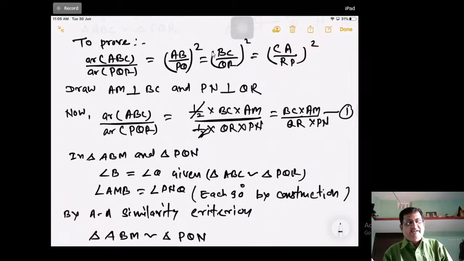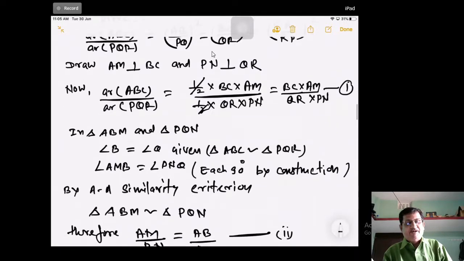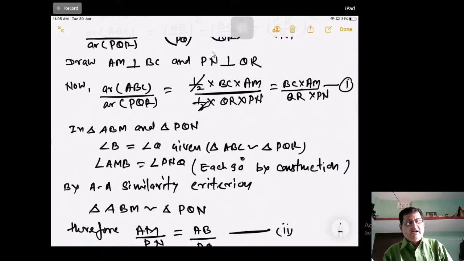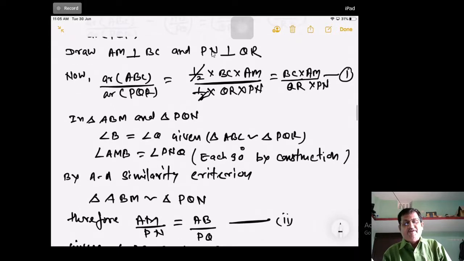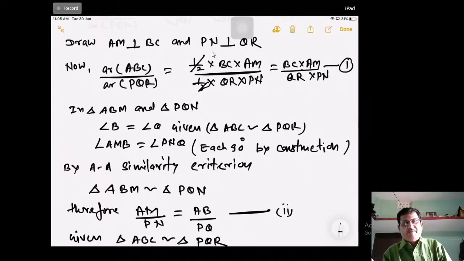Now in triangle ABM and triangle PQN, angle B is equal to angle Q, given that triangle ABC is similar to triangle PQR. Angle AMB is equal to angle PNQ, each angle is 90 degrees by construction, since you have drawn AM perpendicular on BC and PN perpendicular on QR.